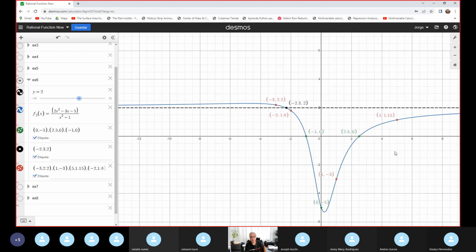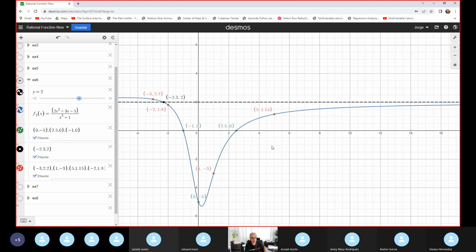Don't forget, when you determine the horizontal asymptote, investigate if it is possible to cross it. Any question? What part is confusing? Come on, opinion.